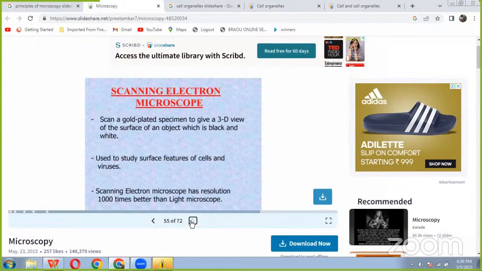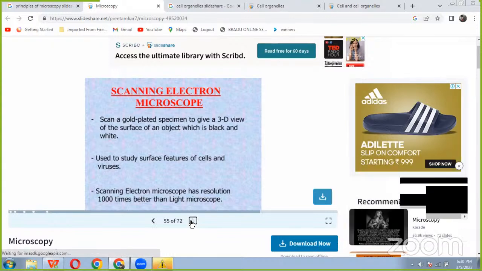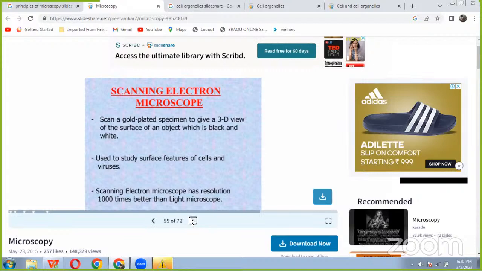It is used to study surface features of cells and viruses, and the outer structure of bacteria and other microorganisms. Scanning electron microscope resolution is 1000 times. The TEM resolution is 2000 times.